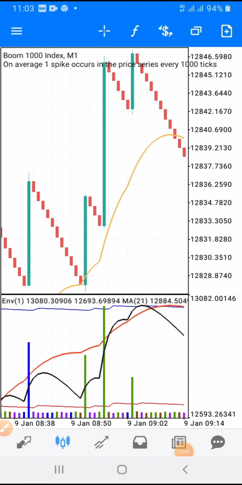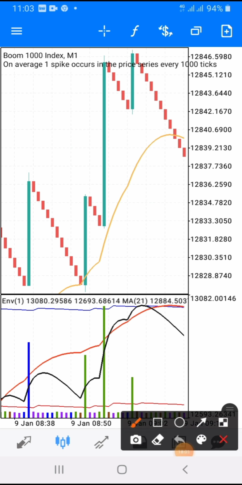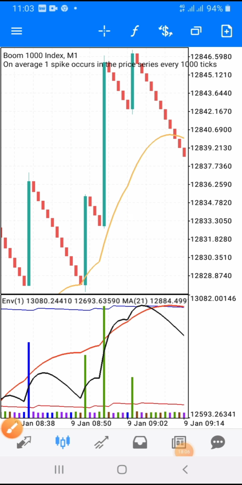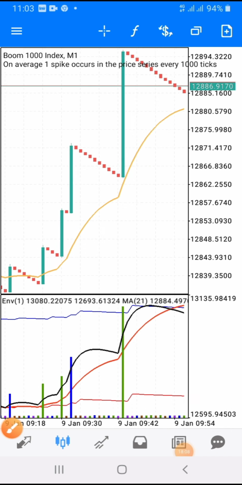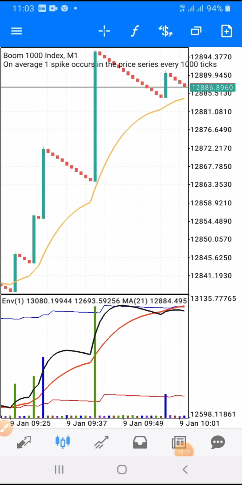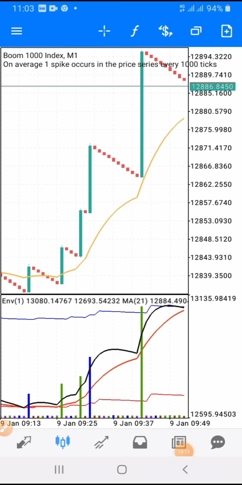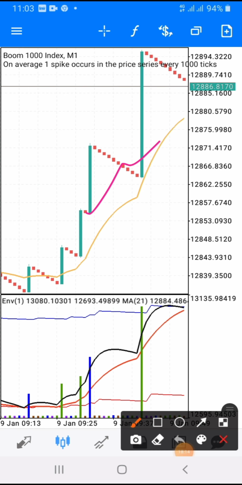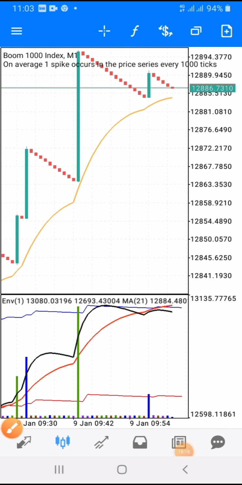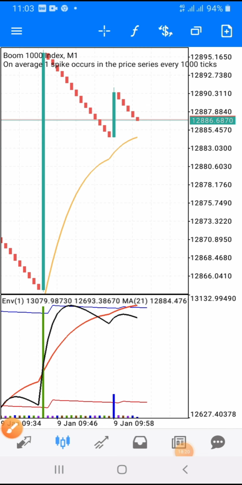So this moving average on the main chart will also help you, because looking at this moving average, it serves as the best support and resistance. Look at what is going on here. From this place, the whole market is retesting on the moving average 21.